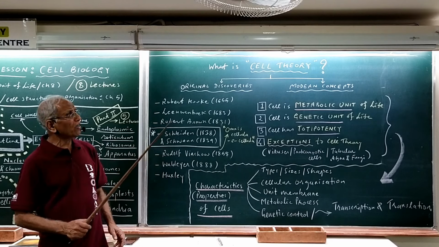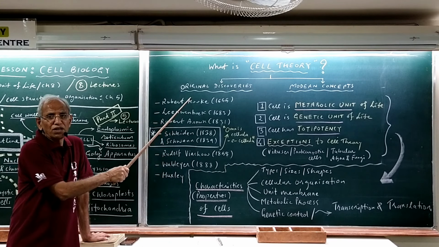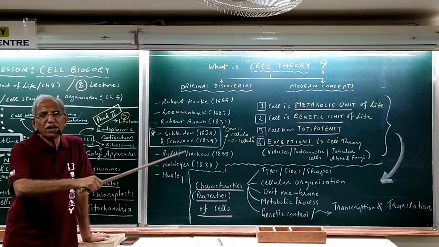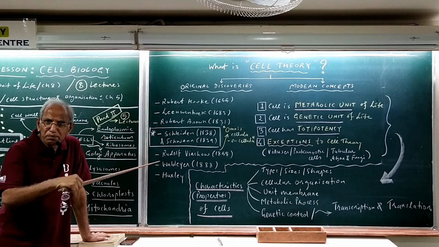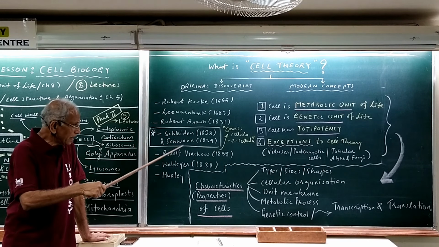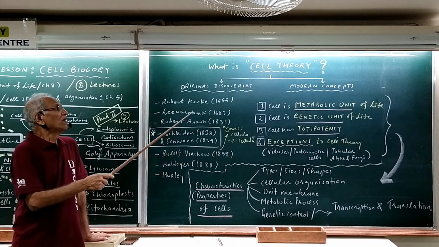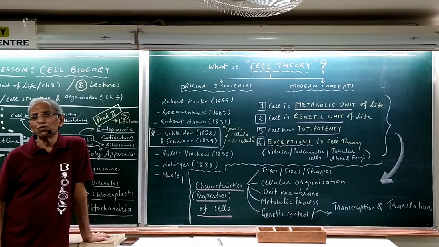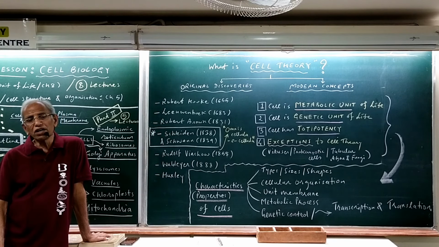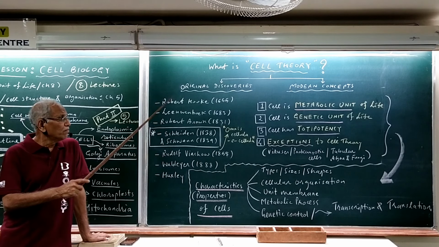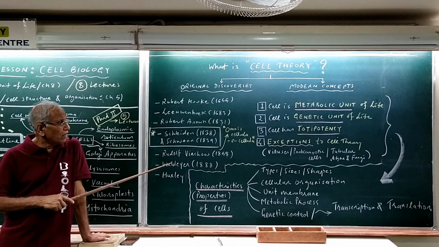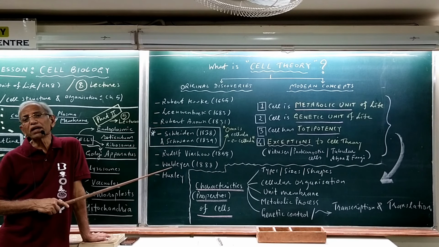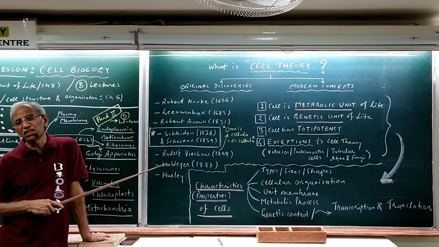There is a long history of research. Lots of original discoveries have been done by these people. These are stalwart people in the field, and they have contributed in the last almost 300 years their researches to make a firm statement that everything is made up of cells.